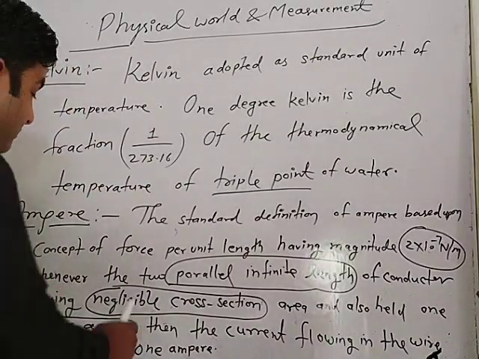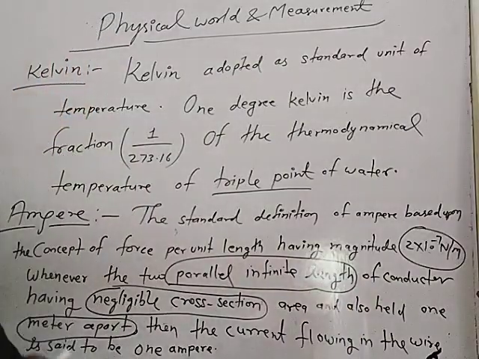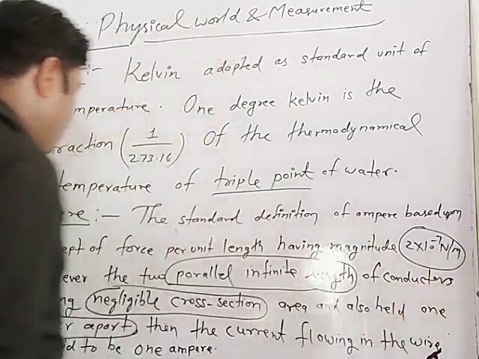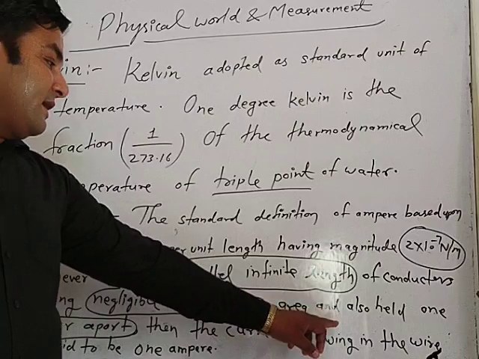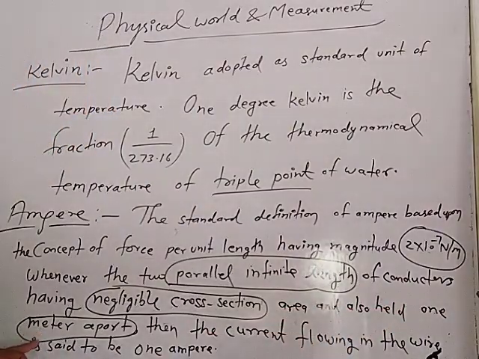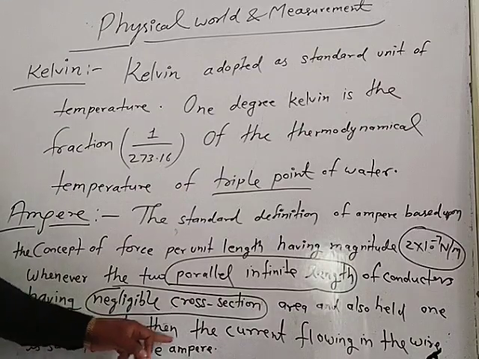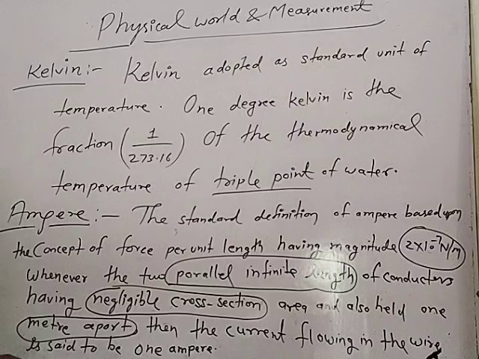Whenever the two parallel infinite length of conductors having negligible cross section area, and also held 1 meter apart, then the current flowing in the wire is said to be 1 ampere.